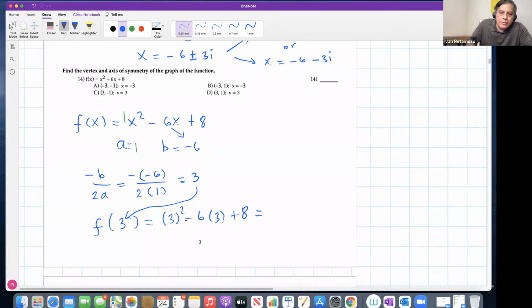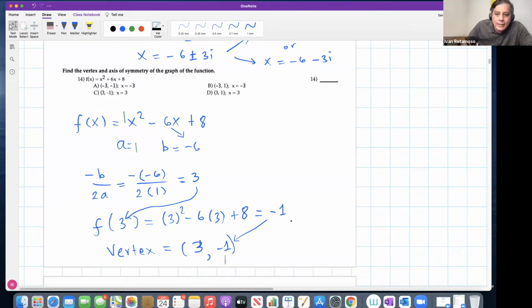So this computed is what? 3 squared is 9. 9 minus 6 times 3, 18, is minus 9. Minus 9 plus 8 is minus 1. Conclusion, vertex equals 3 here, first coordinate, let's write big 3, comma, this guy, minus 1, its partner.